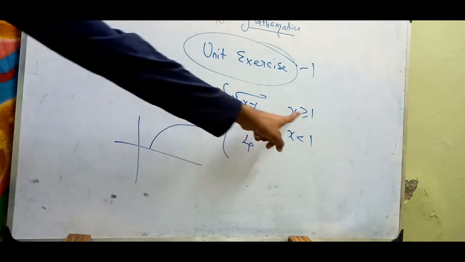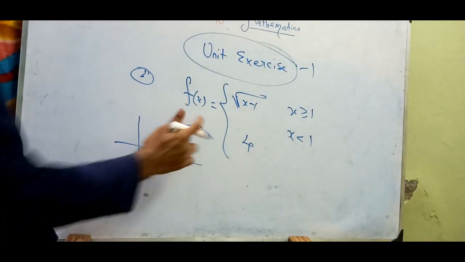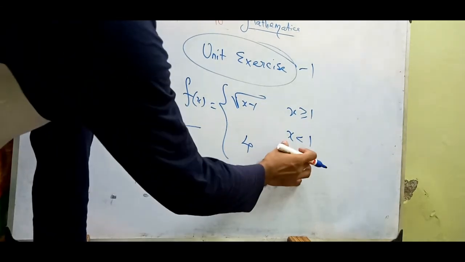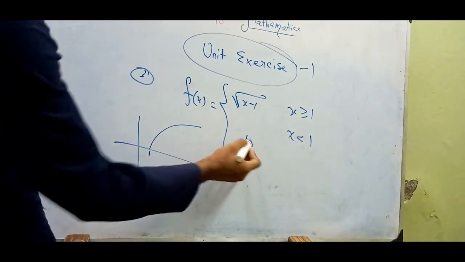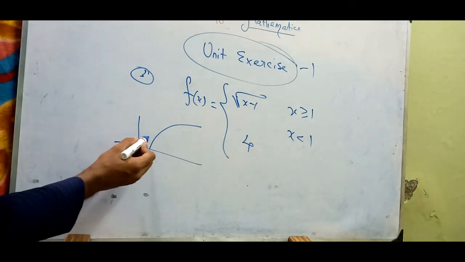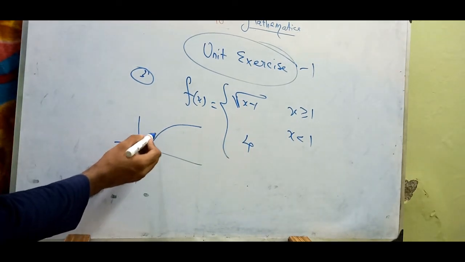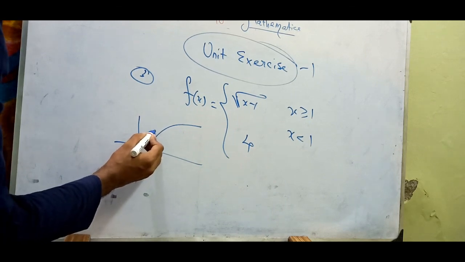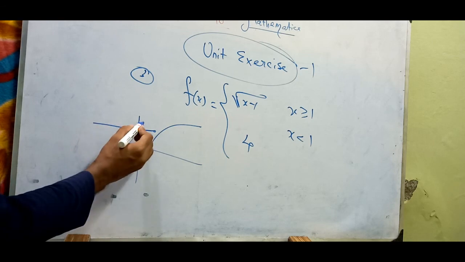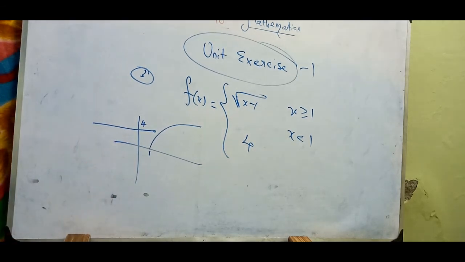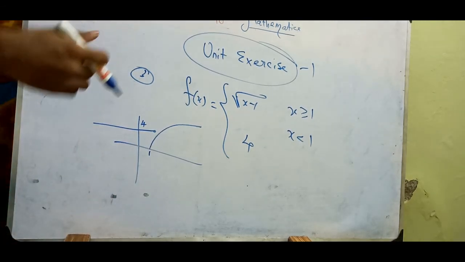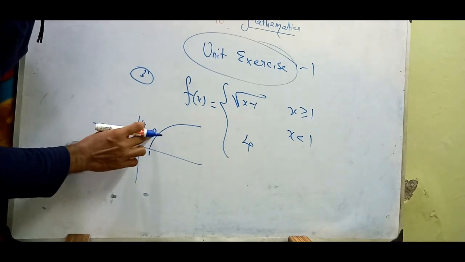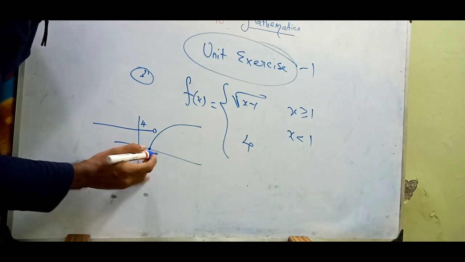So for x greater than or equal to 1, the graph will be here. Here I call it 1. For less than 1, it is going to be 4. So 4 will be here. At this point x is not here, that is why I have made a hole here, and this is the point 1.